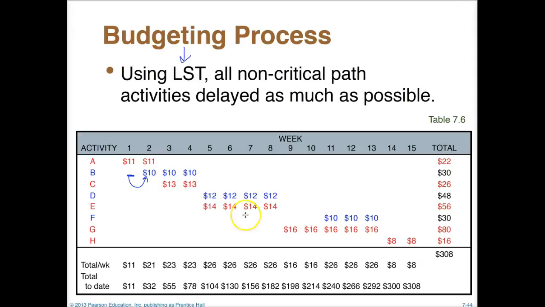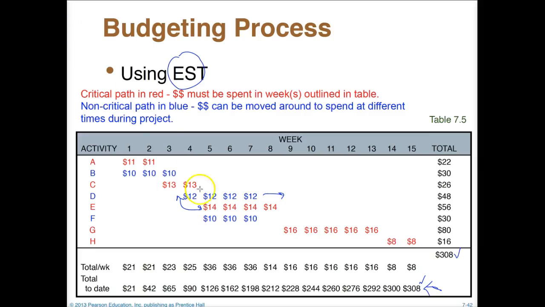You also see that for F, which is another non-critical activity, this got pushed way up to week 11. If we go back and look at the earliest start time, F started at week 5.